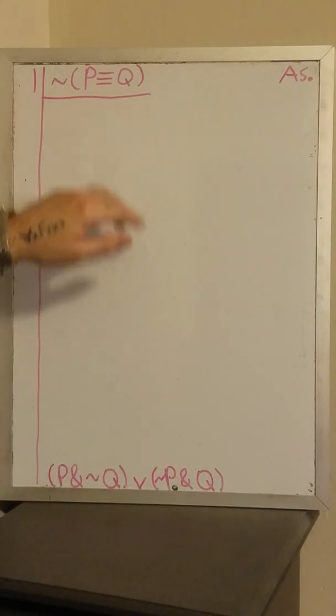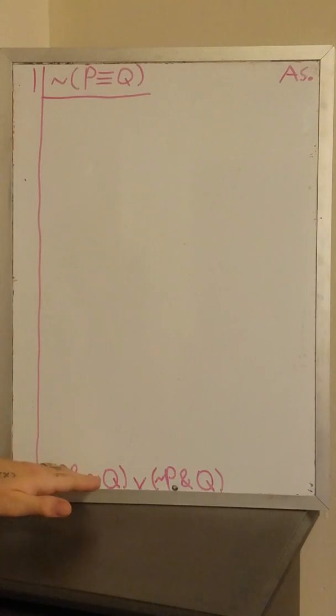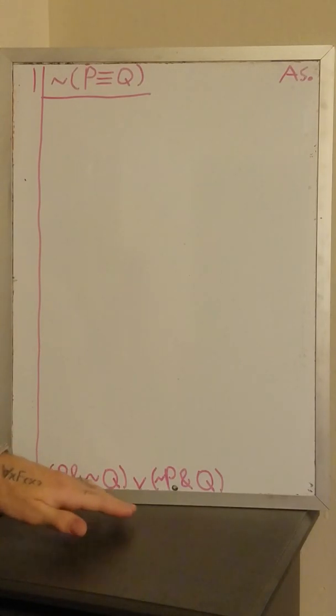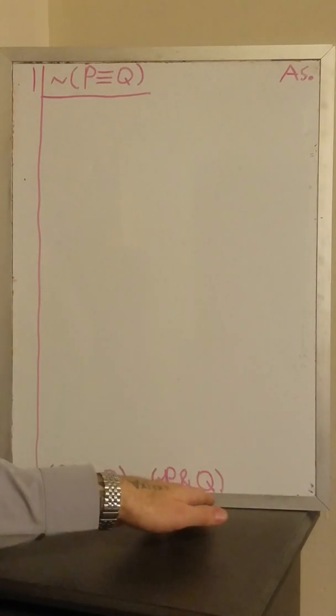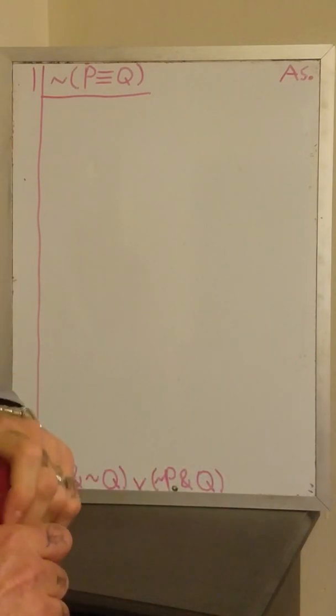Well, it doesn't seem like there's any direct route. So we're going to assume the negation of what we're trying to prove, which is going to be a pretty long assumption.